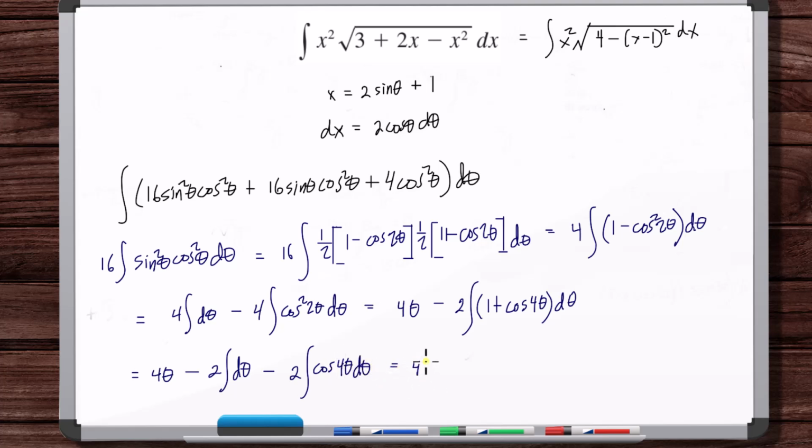Okay, 4 theta minus 2 theta minus, all right, the integral of cosine 4 theta is 1/4 sine 4 theta. So this is going to be 1/2 sine 4 theta. So 2 theta minus 1/2 sine 4 theta.